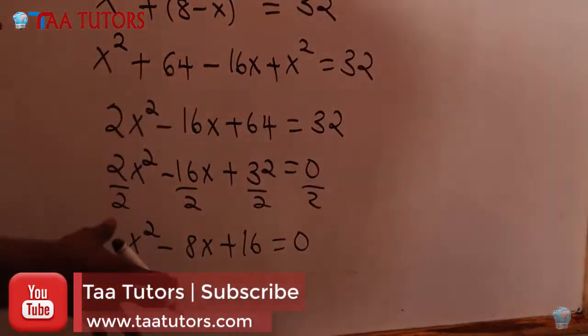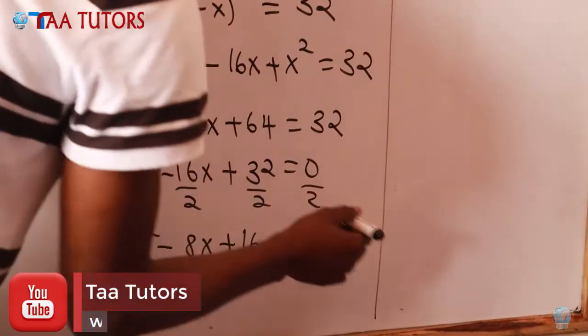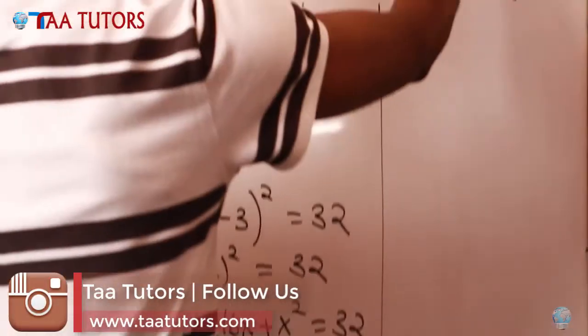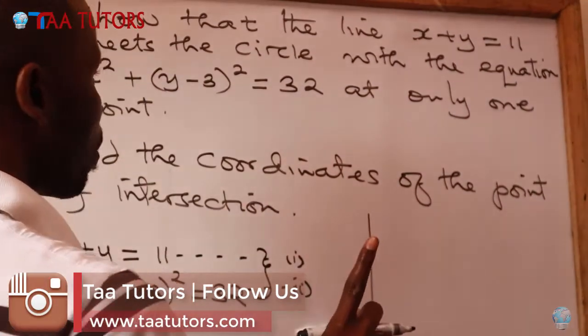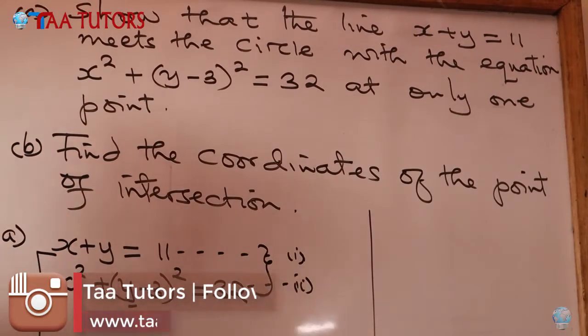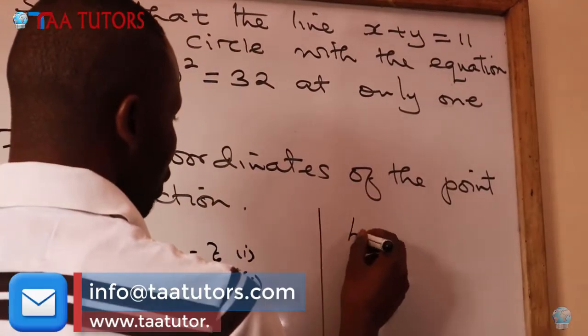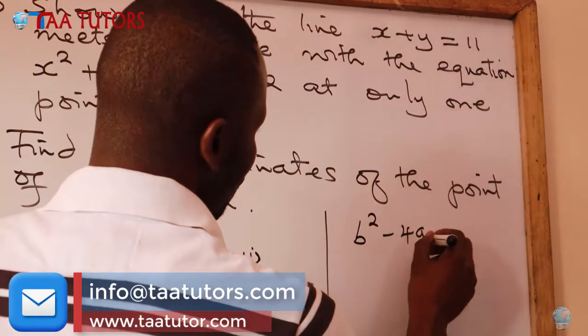Now, after we have this equation, for us to show that this line is meeting this circle at only one point, that point should actually be at the tangent. We need to go to the discriminant of the quadratic equation, which is b squared minus 4ac.